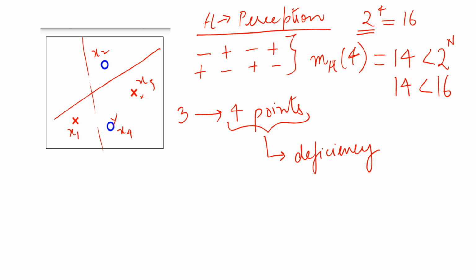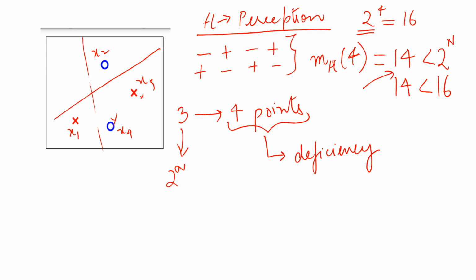It makes the number of hypotheses that can actually be implemented deficient. With the increase from 3 to 4 points, we saw that 2 to the n can be implemented in certain cases, but here, no matter what the arrangement of these 4 points is, you cannot implement it. And that is the whole point of the effective number of hypotheses.